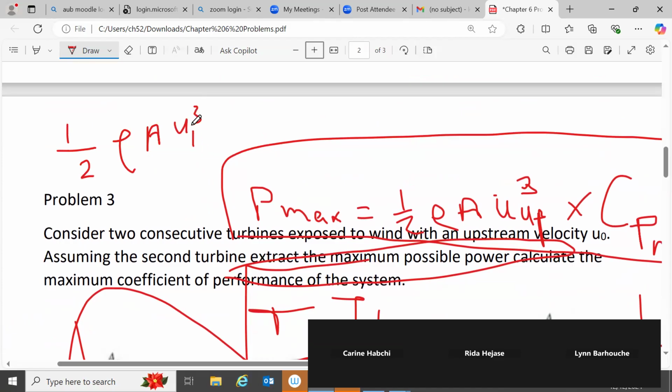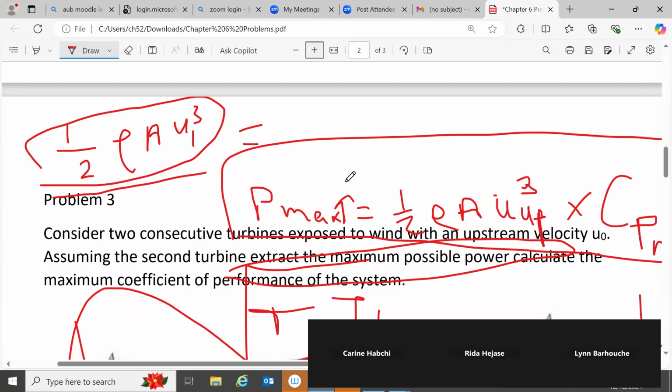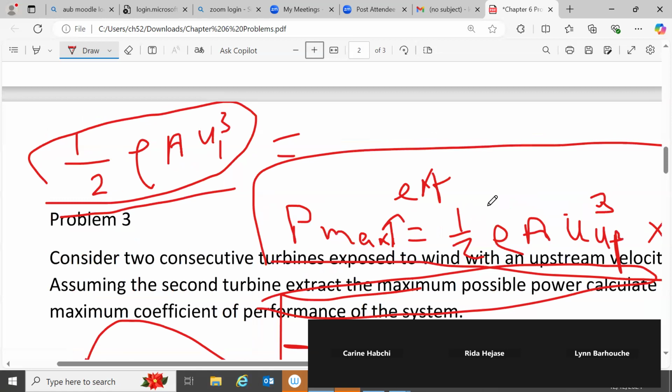Okay? What is the definition of CP? Definition of CP is this power over P max extracted. I will write here extract. Okay? This is the maximum possible that you can extract. Because what is the actual? This is P actual. Okay?